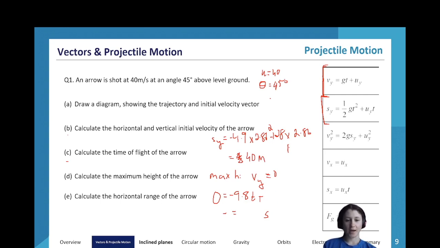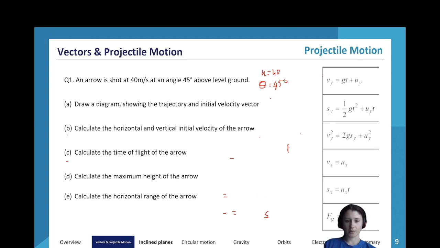Next, we need to look at the horizontal range of the arrow. The horizontal range is what we denote as Sx, so that's this formula here. Sx is equal to Uxt. Ux is 28, and for the horizontal range of the arrow, what time will we be using?